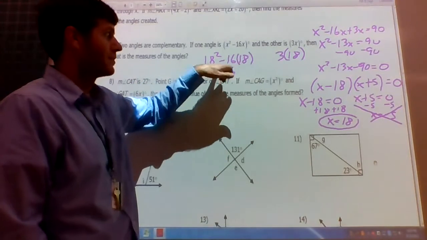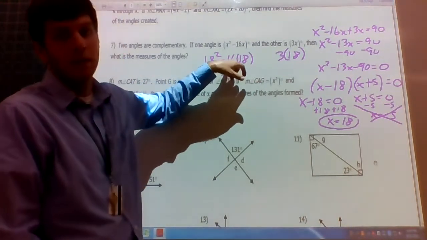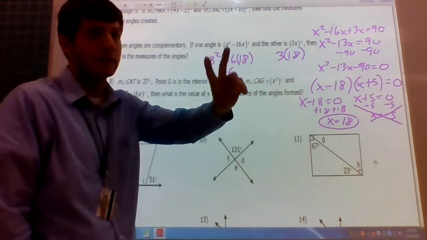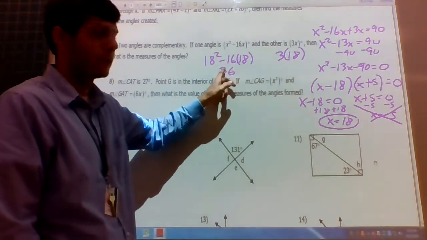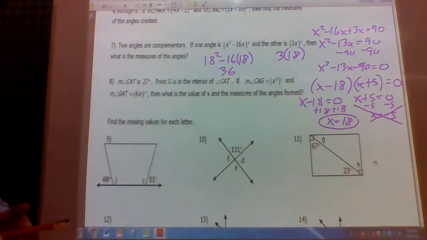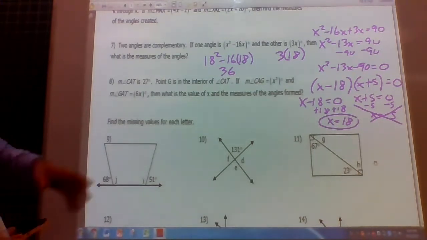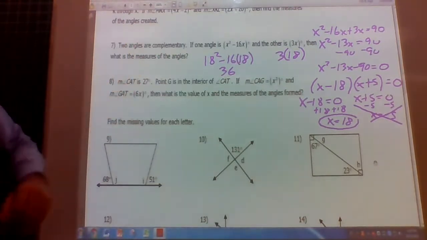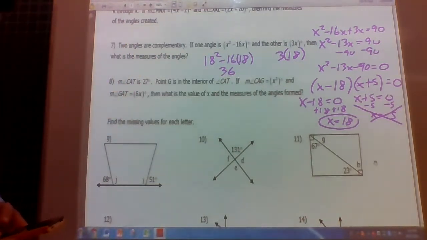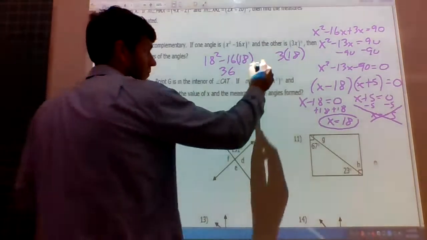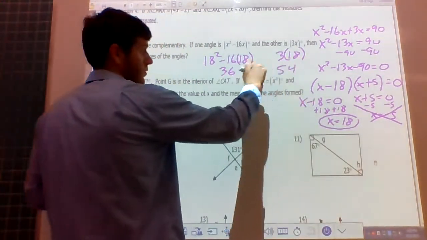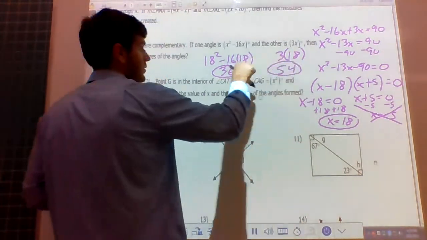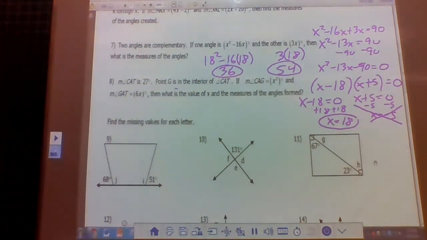So it's 18 times 16 times. So there were two 18s that we don't have accounted for. So it should have been 18 plus 18 is 36. I was thinking something else. I was thinking 18 times 18 plus 17 times 18, which was not there. Okay, and then this is 54. Okay, so then we know that's right because those add up to 90.